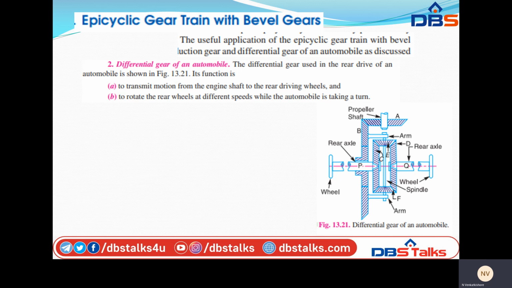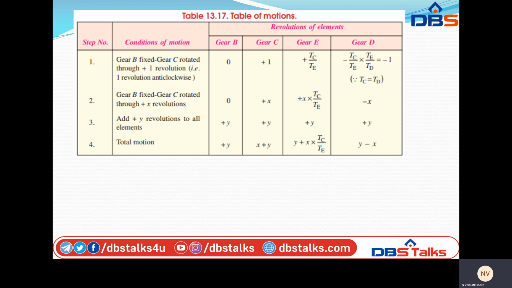Then, to rotate the rear wheels at different speeds while they are taking a turn. As long as the automobile is running on a straight path, the rear wheels are driven directly by the engine and the speed of both wheels is the same.